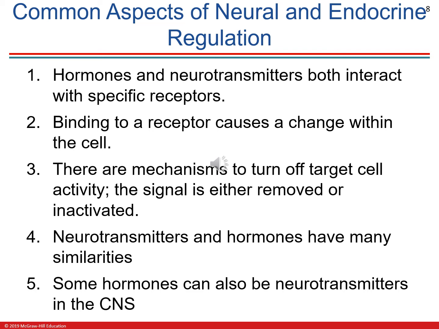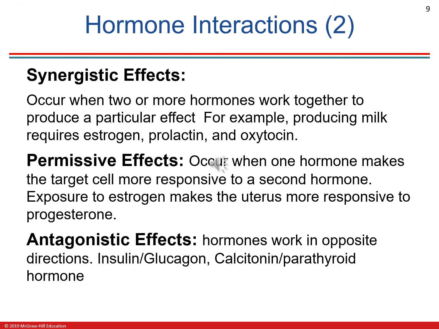Some hormones can also be neurotransmitters in the central nervous system, like, for example, but not only, epinephrine and norepinephrine. Hormones can also interact with each other, and there are three types of interaction: synergistic effects, permissive effects, or antagonistic effects.